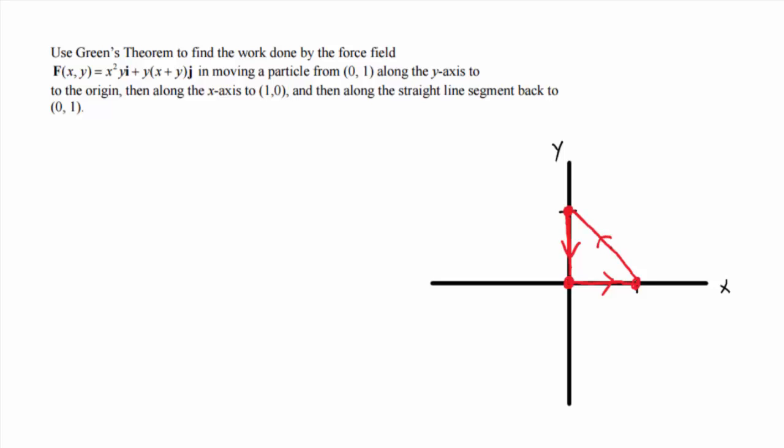So the first thing you want to observe is, is it oriented counterclockwise? So you're good to go there for Green's theorem, right? So Green's theorem says that the line integral with respect to the vector field is going to be equal to a certain double integral over this region, which you could call R right here, enclosed by C, where C is actually the union of, if the hypotenuse is C1, the vertical line C2, the horizontal line C3, C would be the union C1, union C2, union C3.